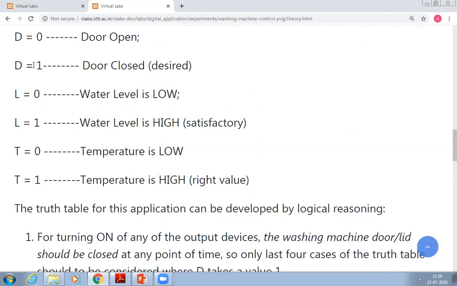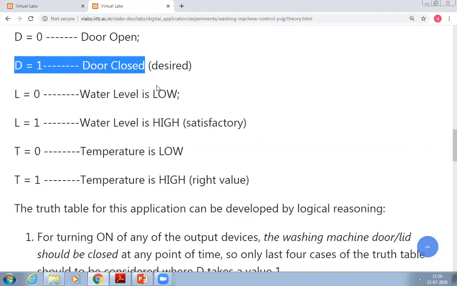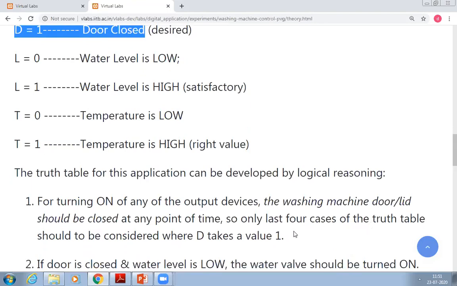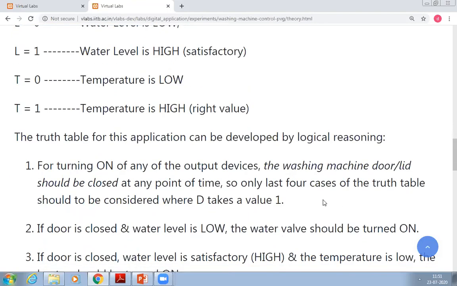There are 3 inputs D, L, T, so the combinations are 0 to 7: 0 0 0, 0 0 1, like this up to 1 1 1. D is the MSB here. So only the last 4 cases of the truth table should be considered, as D takes the value 1.